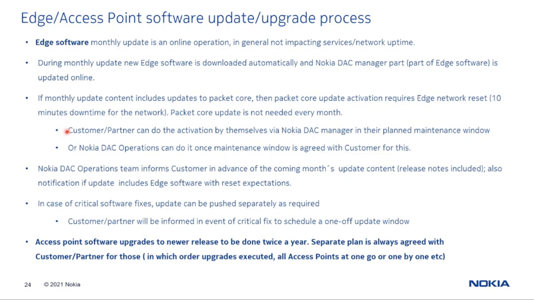Either the customers can do this whenever they see the best time for their private LTE network, on this customer portal as I've been showing, or the operations team can also execute this network reset operation during the agreed maintenance window.